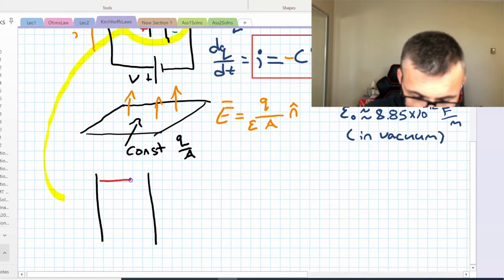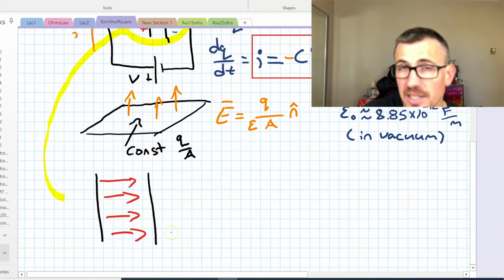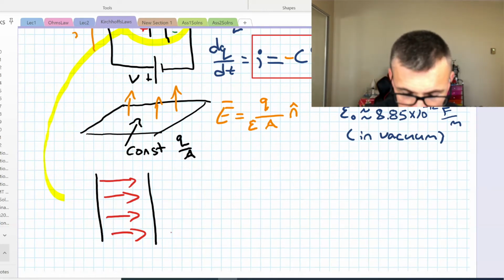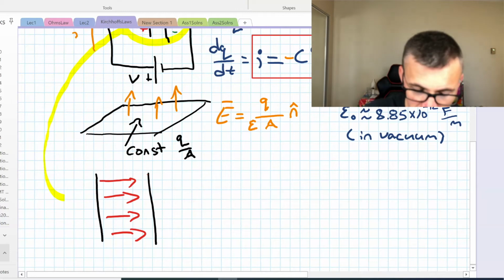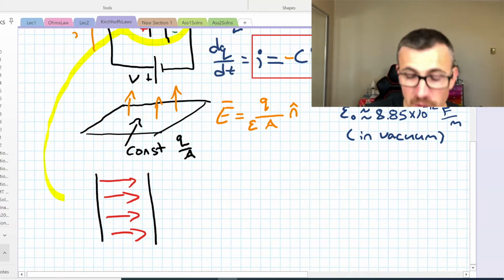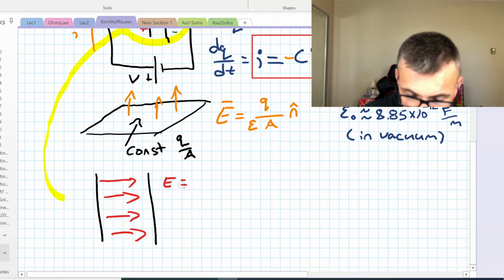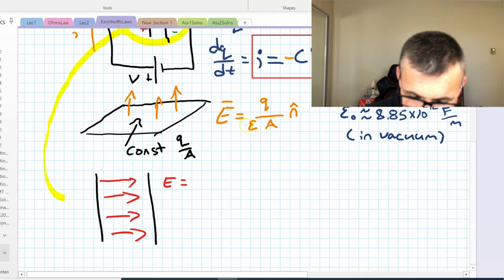The red one produces a field that's roughly constant across that area, as long as the area is big compared to the distance. Around the edges, the field might be a bit curved, but near the center, it's going to be roughly constant, and it's going to have a value of, I messed up the above formula.